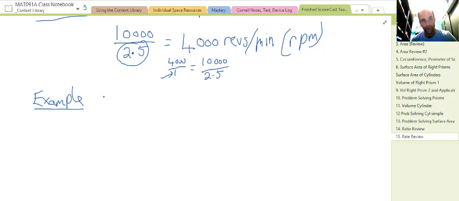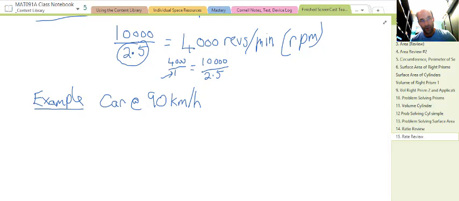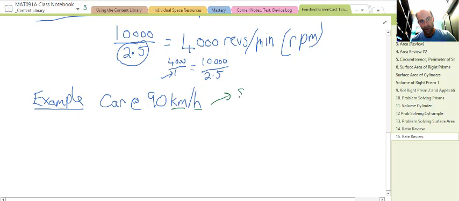Second and final example. If we have a car travelling at 90 kilometers per hour, that's a speed. A speed is an example of a rate. If we analyse that, the speed is made up of a distance related to an amount of time.